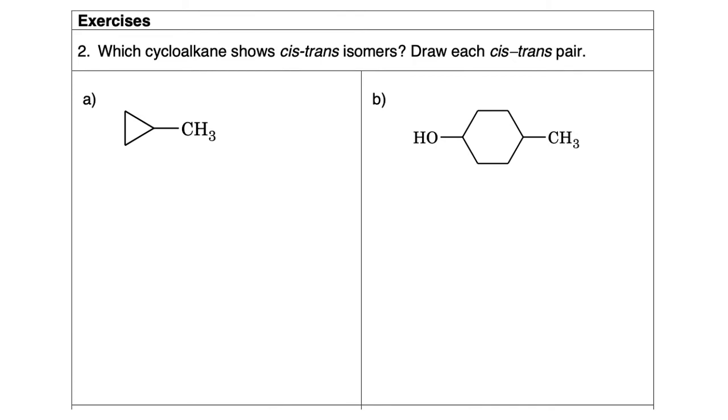Okay, let's take a look at structure A. Okay, structure A, we have this cyclopropane with one methyl. Okay, so macam mana kita hendak identify dia punya cis-trans. Okay, macam ni.